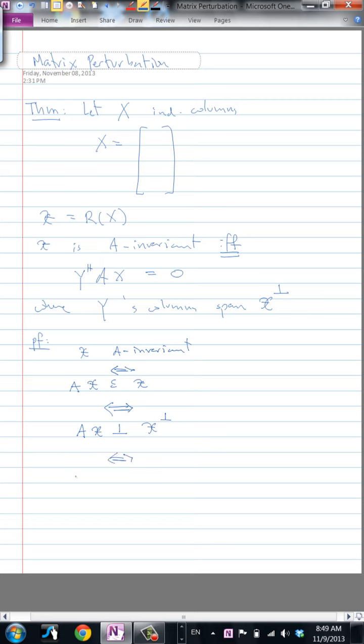This in turn is equivalent to saying that the range of A times the matrix X is perpendicular to the range of Y.